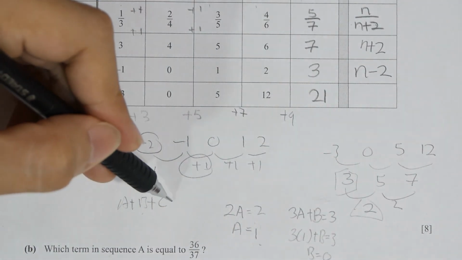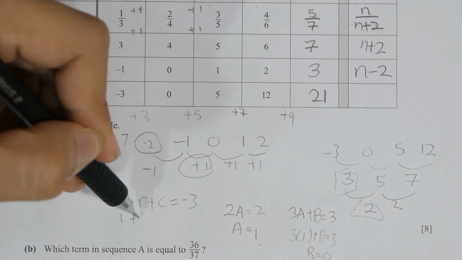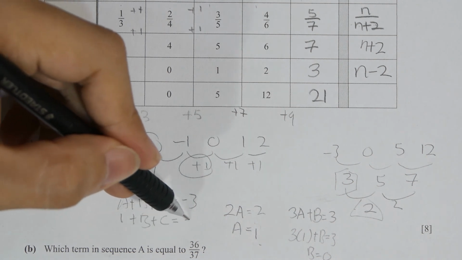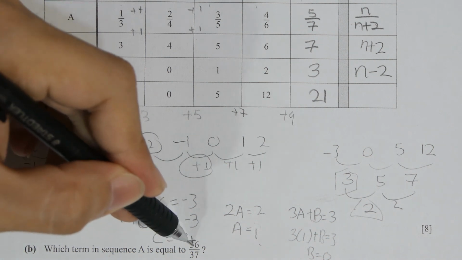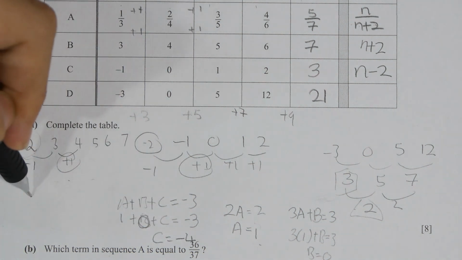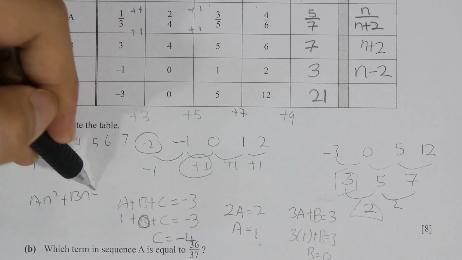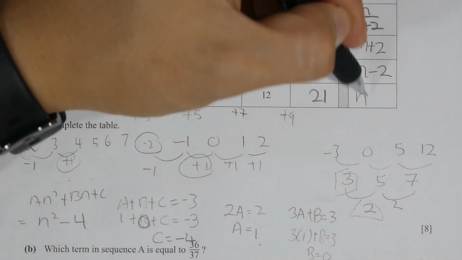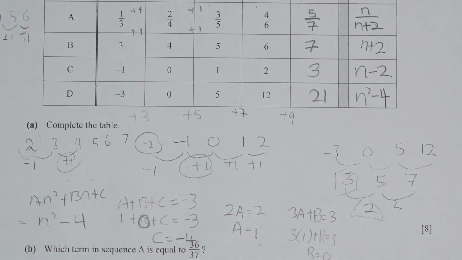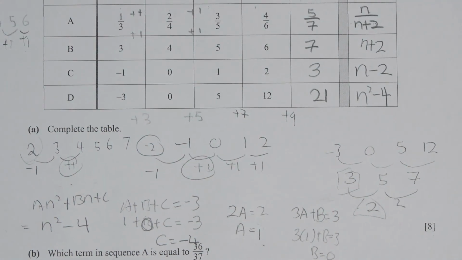So by running the calculation, substitute the values back into the formula an squared plus bn plus c, then we will get the final result as n squared minus 4. Okay, so n squared minus 4, you can actually convert it into n plus 2, n minus 2. Okay, but it's not necessary for this part.